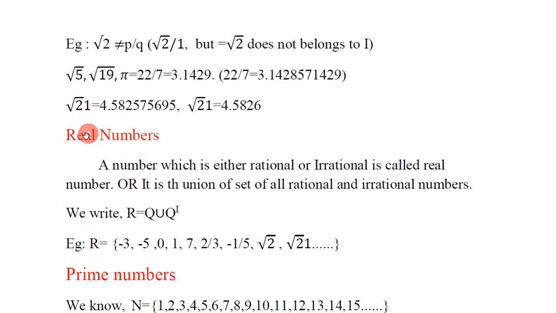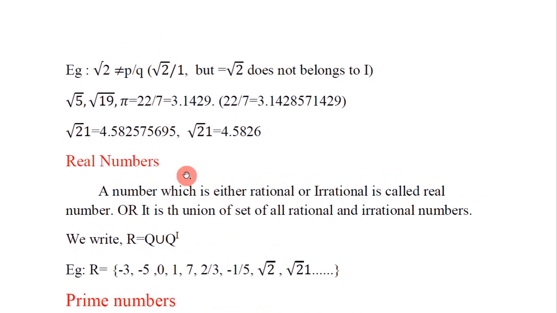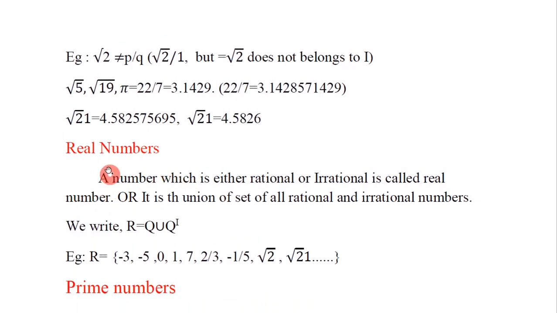Next we define real numbers. A number which is either rational or irrational is called a real number. That is, we have so far considered the set of integers, set of natural numbers, set of rational numbers and set of irrational numbers. All together they form a set called the set of real numbers. So the set of real numbers is the union of all the above sets.